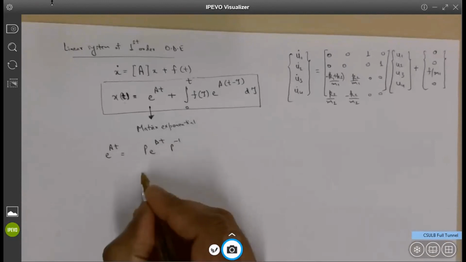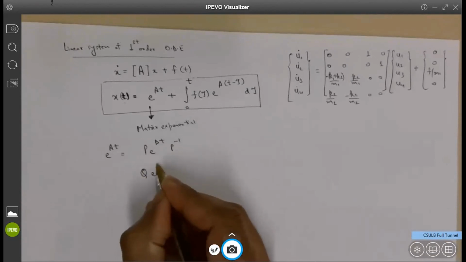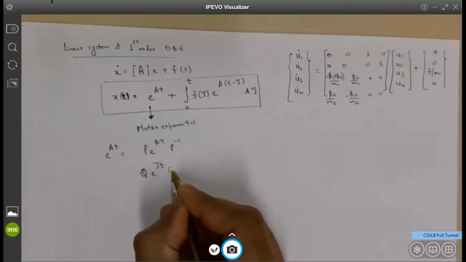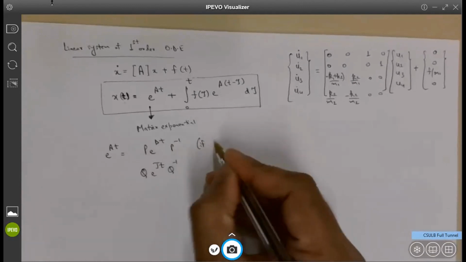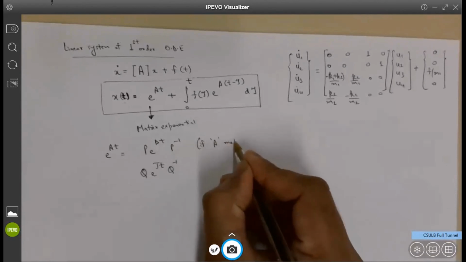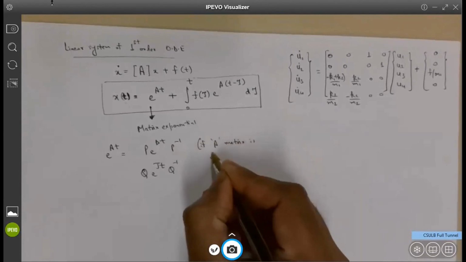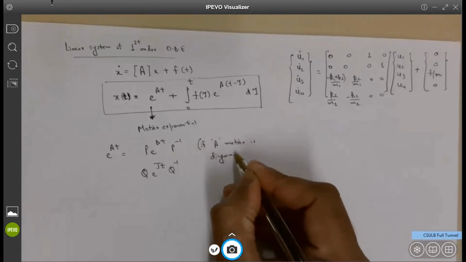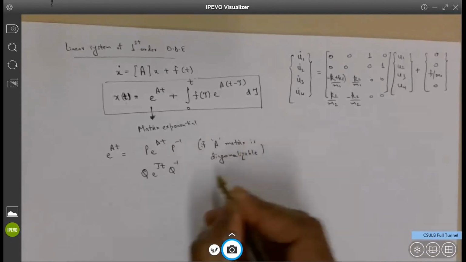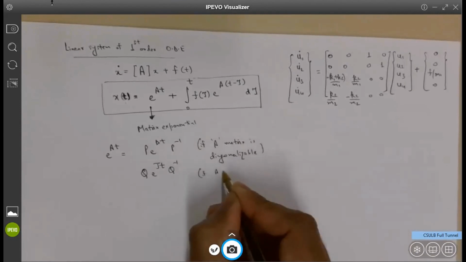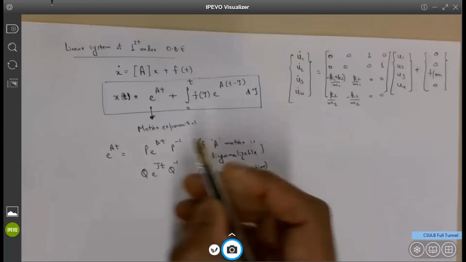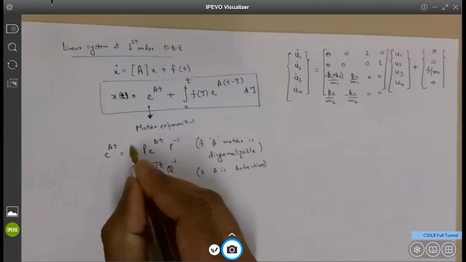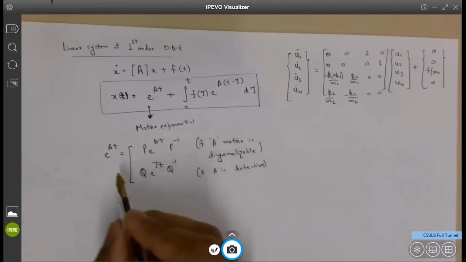So this is Q e^(Jt) Q inverse if my A matrix is defective, and P e^(Dt) P inverse if A is diagonalizable. So this is how you can calculate the matrix exponential.